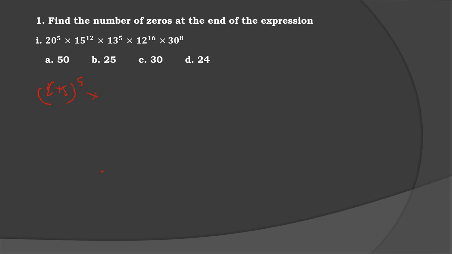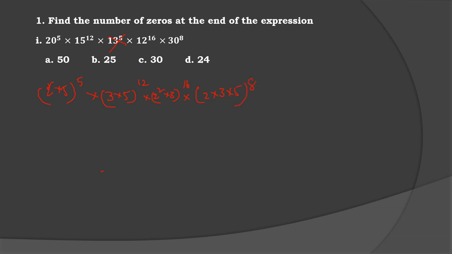Into 15 can be written as 3 into 5, power 12. Into 13. In 13 we don't have any 2s or 5s, so 13 is negligible. Then 12 can be written as 4 into 3, that is 2 square into 3, power 16. Finally 30 can be written as 2 into 3 into 5, power 8.